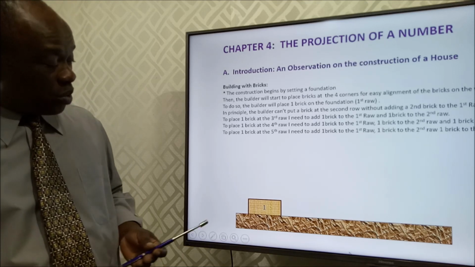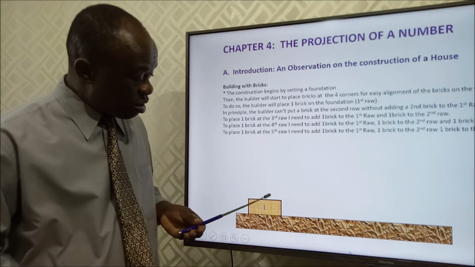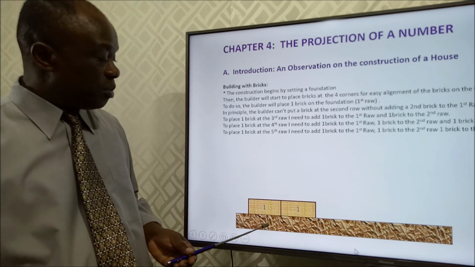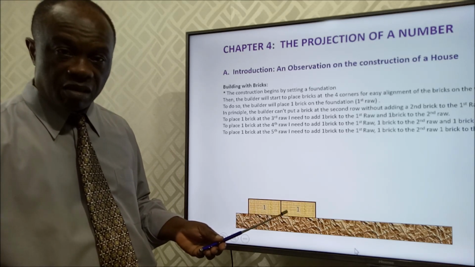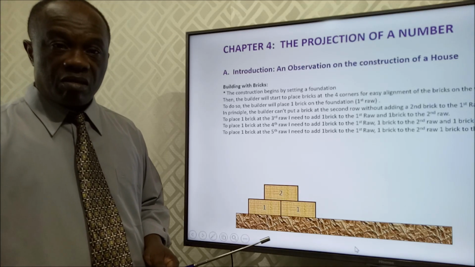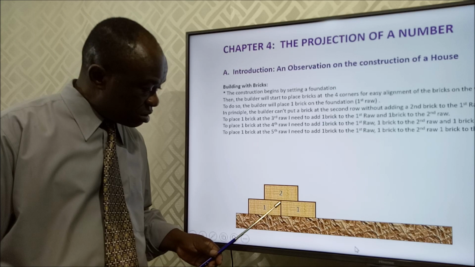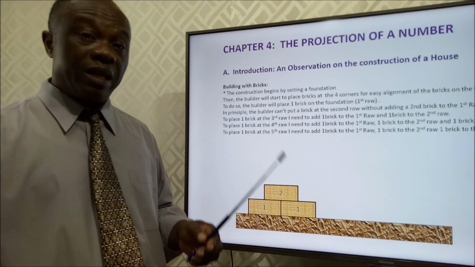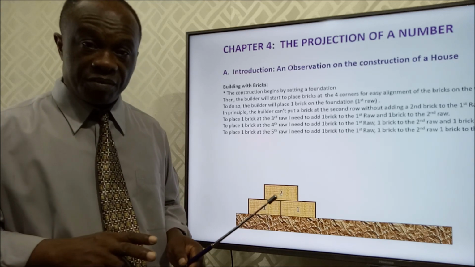Then if they want to put a second brick on top here, they will put first another brick there, then the second brick. This is because in principle each brick must be supported by 2 bricks below.